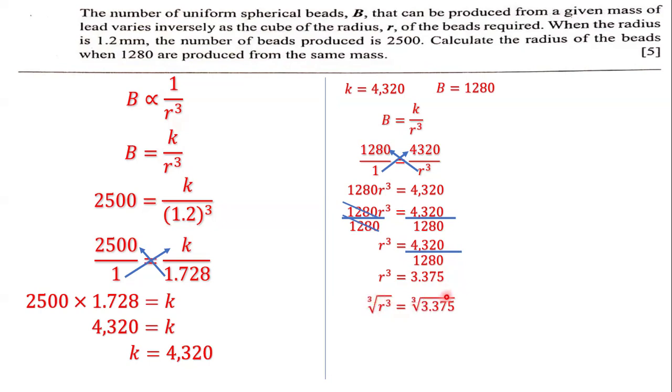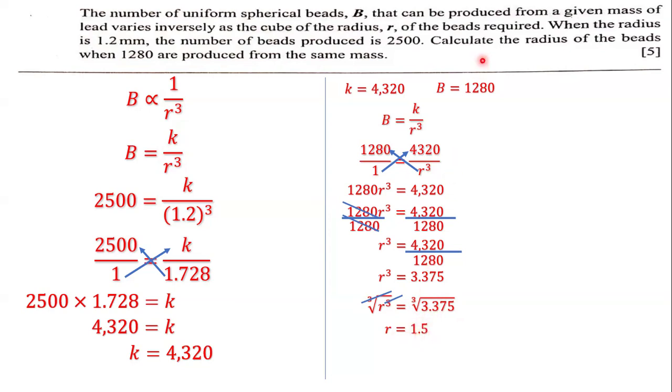The cube root of R cubed cancels out, and we are left with R is equal to the cube root of 3.375. The cube root of 3.375 is 1.5, and so R is equal to 1.5.